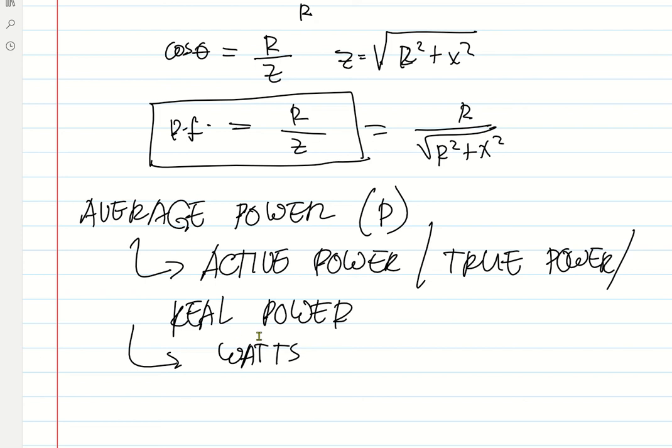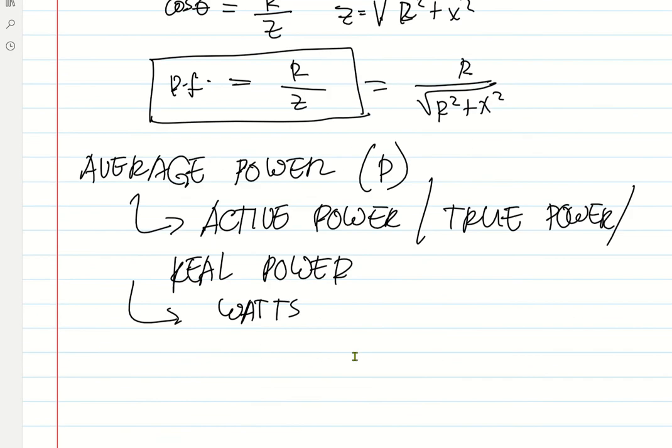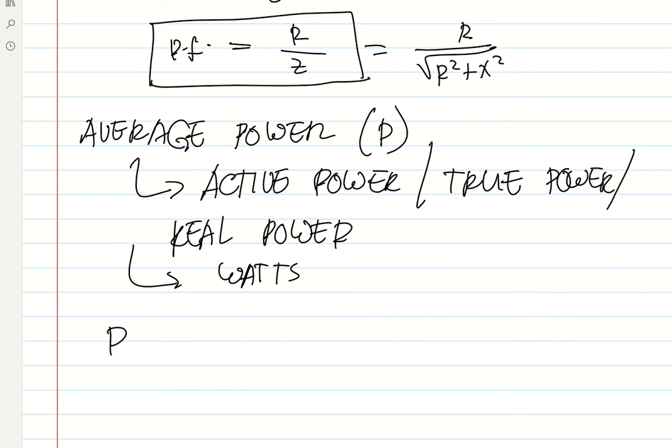And we can also use other formulas for this. Instead of just E I cosine theta, we can derive other formulas for the average or the real power. This is actually the power that is being absorbed by the resistance in the circuit.